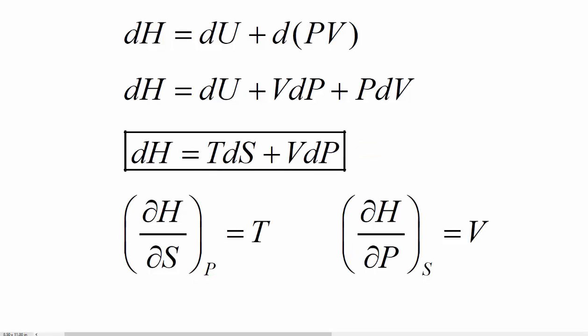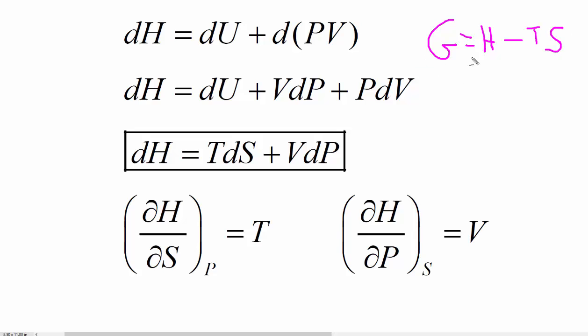Now that you're maybe getting the hang of this, why don't you go ahead and try writing out an expression like this for the Gibbs free energy. Again, start with what G is equal to. Does everyone remember? G is H minus TS.